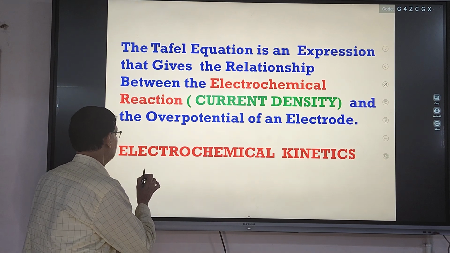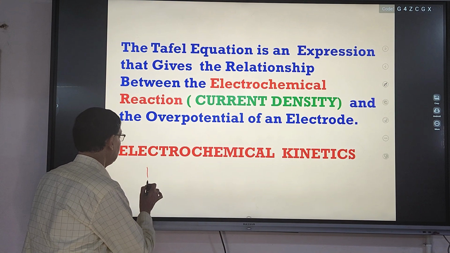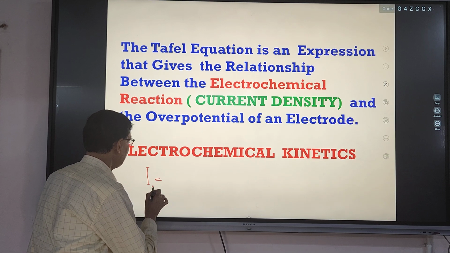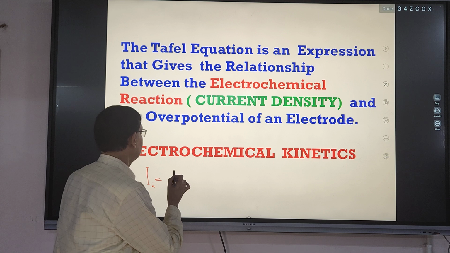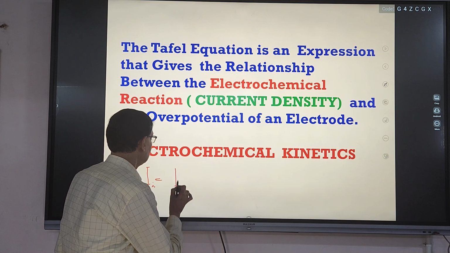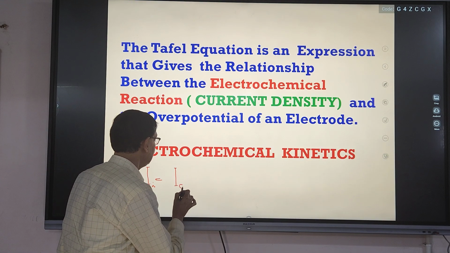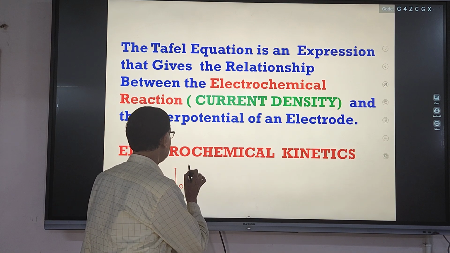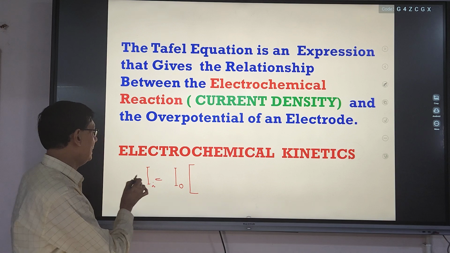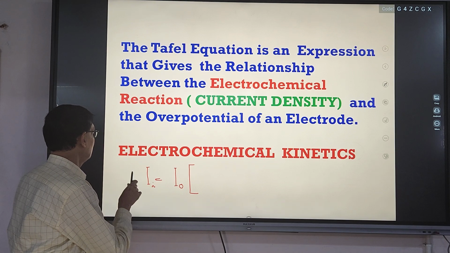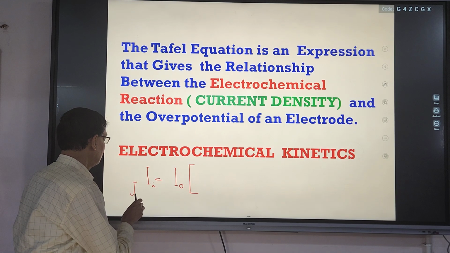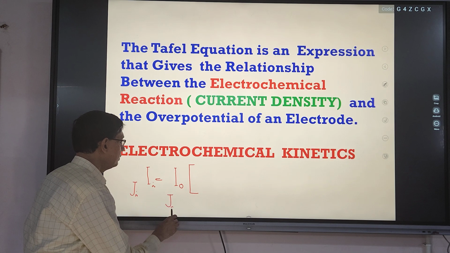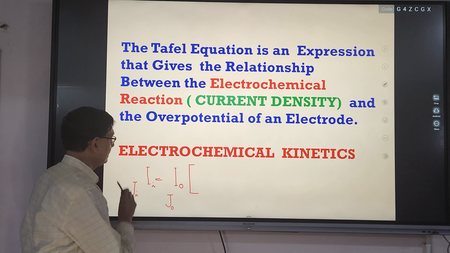If I write, suppose this is the exchange current, maybe there are many forms. If I write exchange current density, you can write I, I am using exchange current I, you can write J, there is no restriction, it is up to you, small j or whatever it is.